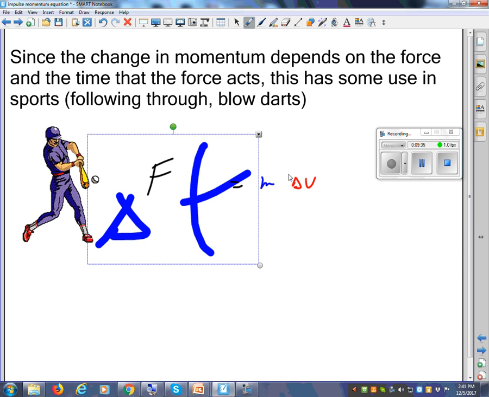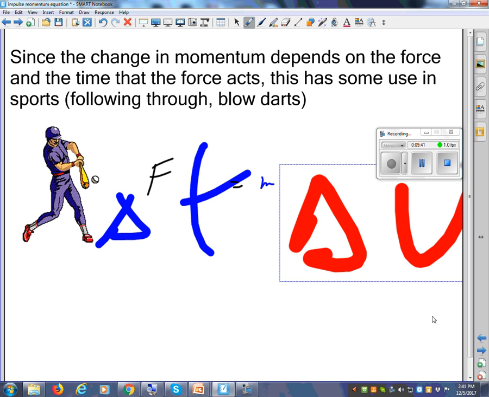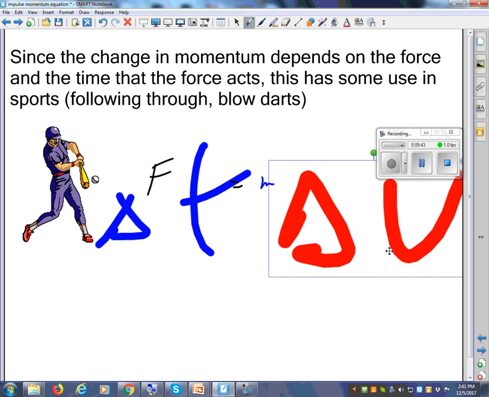Can the mass of the Pac-Man change? No. So the only way to make the right-hand side equal is to increase it. And when the velocity increases, then it goes further. So that's why you follow through. And it doesn't matter whether it's baseball, or hockey, or golf, volleyball, anytime you are hitting or throwing a ball, you want to follow through.